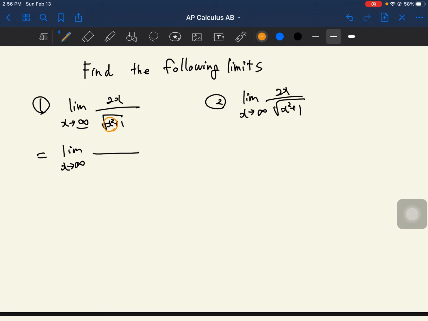I mean the square root of x squared. So you have to divide by the square root of x squared on the top and the bottom. Let's try. 2x over the square root of x squared, over the square root of x squared over x squared plus 1 over x squared.